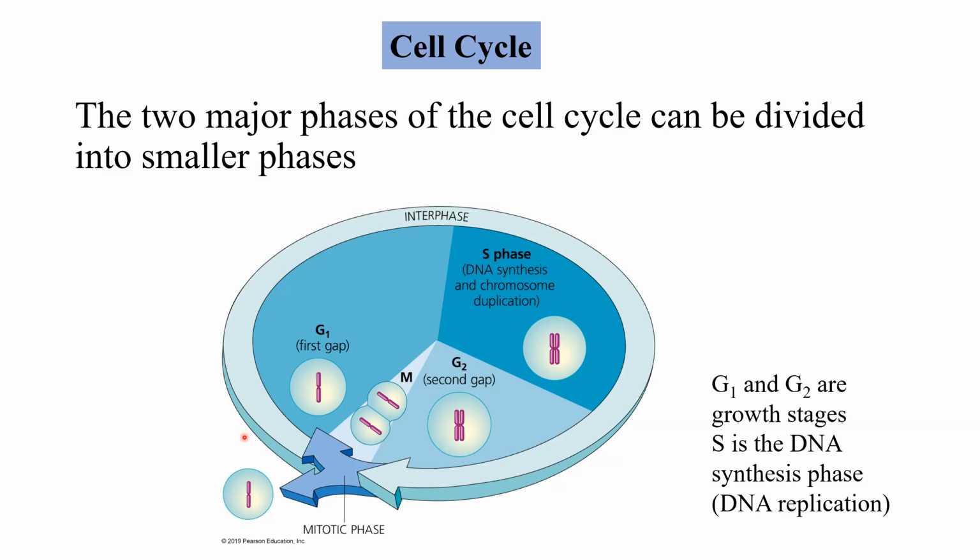As you can imagine, cells like the epithelial cells found on your skin, and cells that line your GI tract and your urinary tract, you shed those cells constantly, so those cells need to be regenerated constantly. So they're going to undergo this process a lot more.